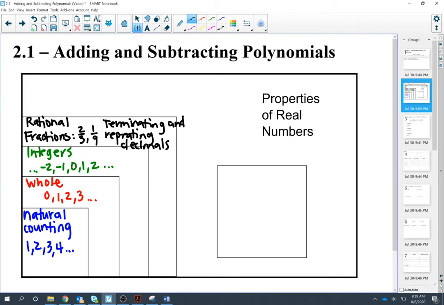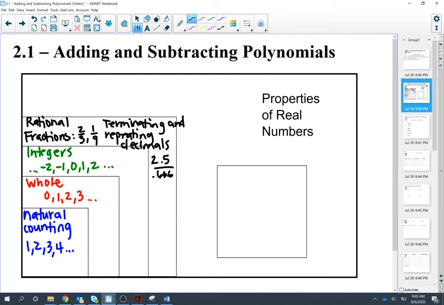So by terminating, I mean ones that stop, they terminate. So for example, we could have 2.5. Now if you think about 2.5, 2.5 could also be written as a fraction. It would just be an improper fraction. And then repeating decimals, we're talking about like 0.666 repeating, which if you think about that is really just 2/3.